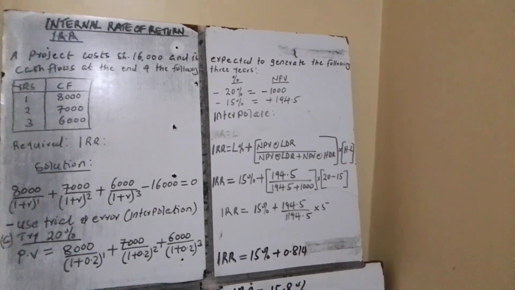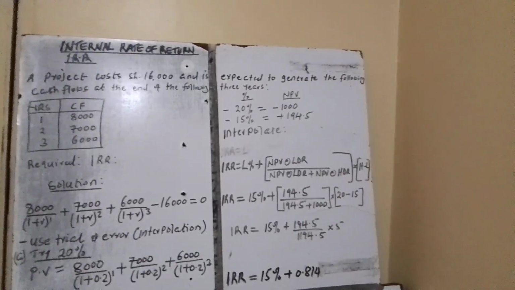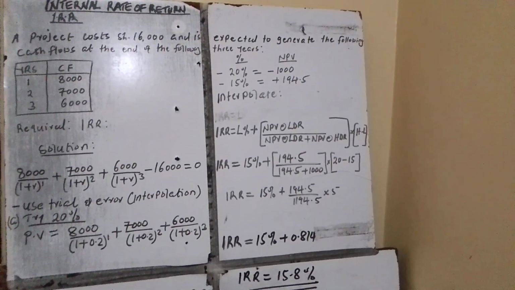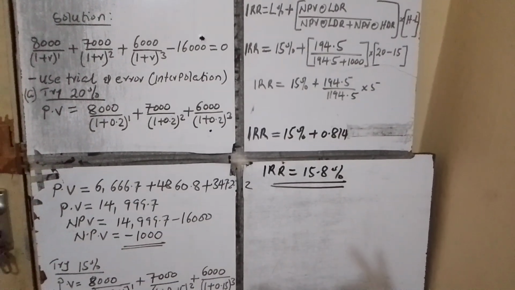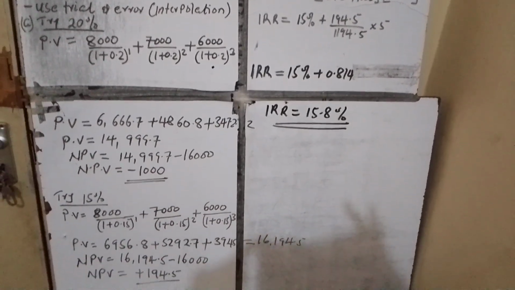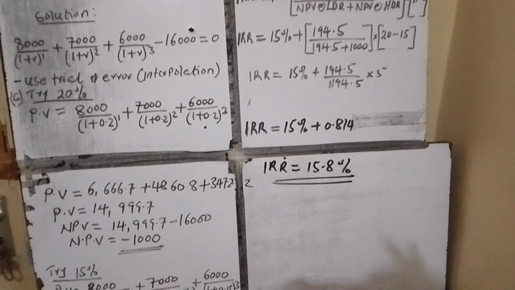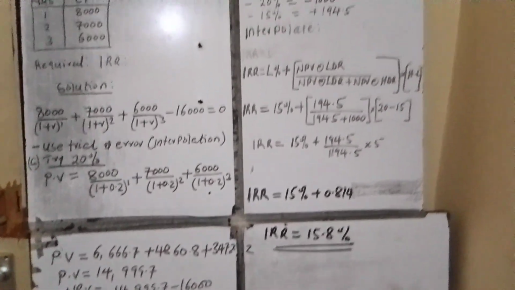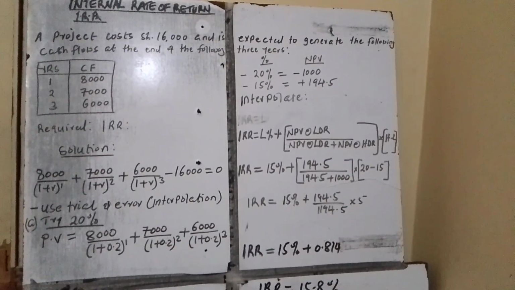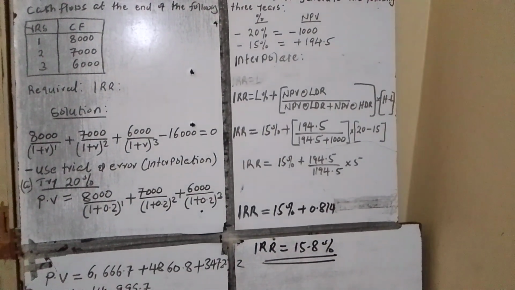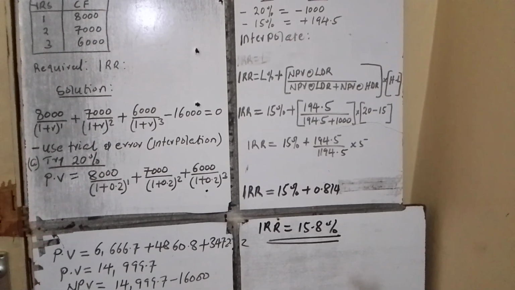So basically, that's how we go about internal rate of return. You can just pause your video and maybe follow up on what we have done there. To wind up, can you take this as your assignment? Try your own percentages. The first one, I started with 20%.